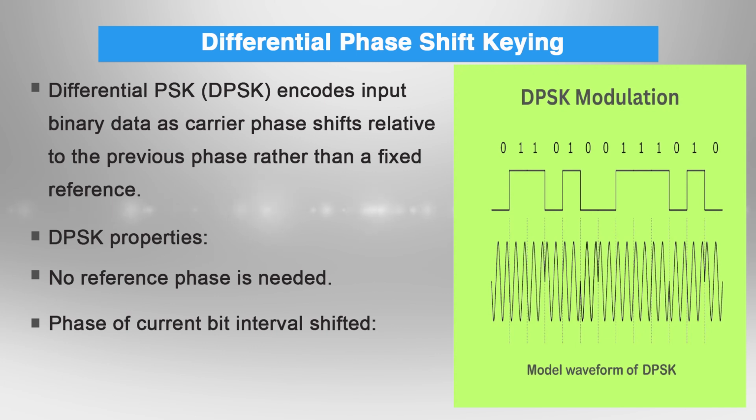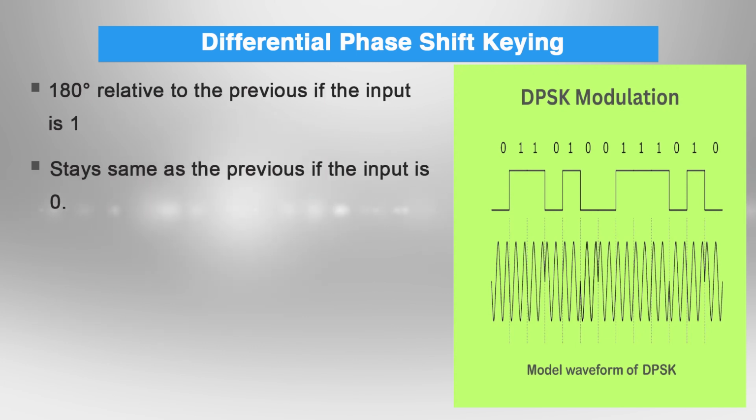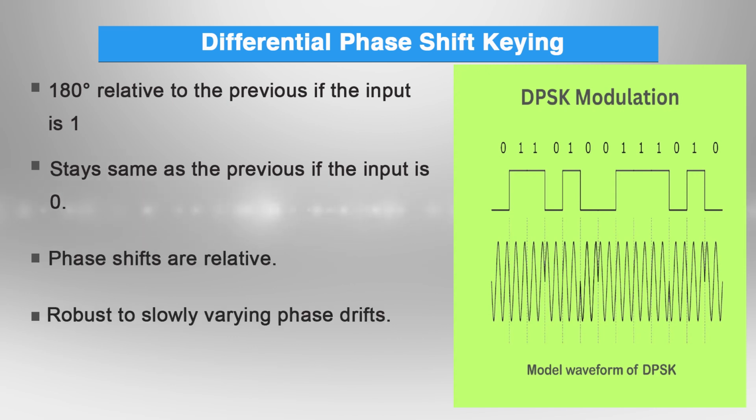The phase of the current bit interval is shifted 180 degrees relative to the previous if the input is 1, and it stays the same as the previous if the input is 0. The phase shifts are relative and it is robust to slowly varying phase drifts.